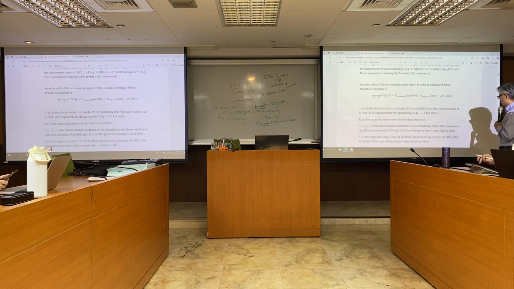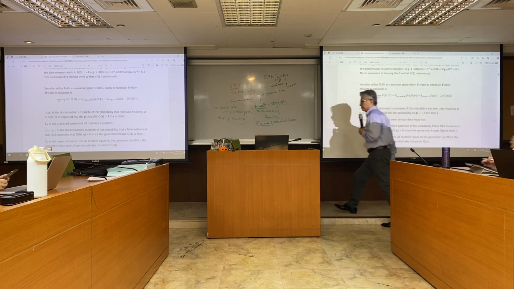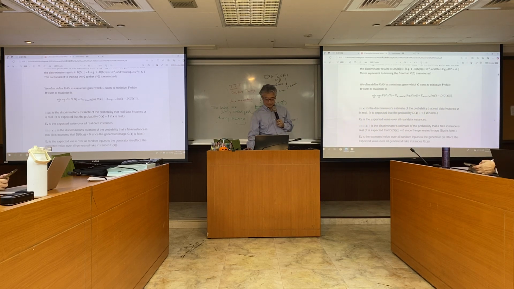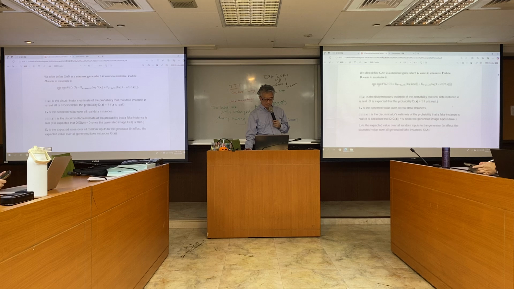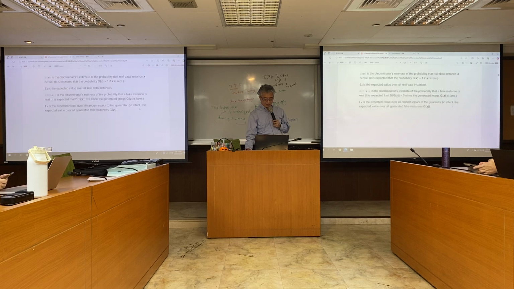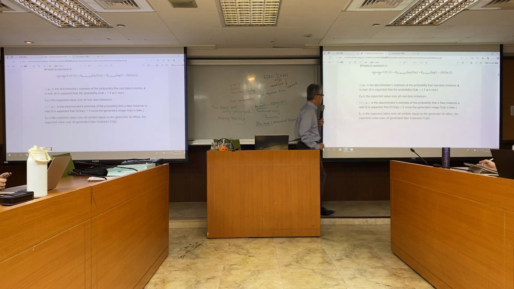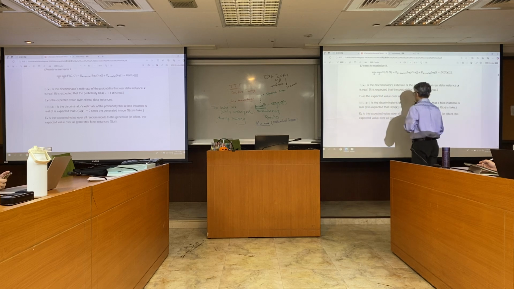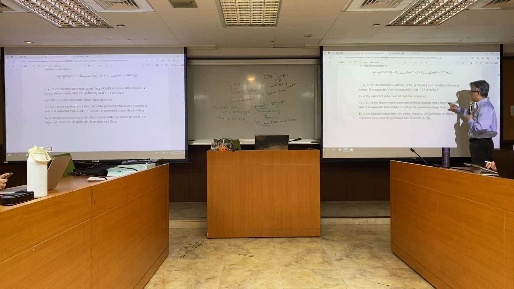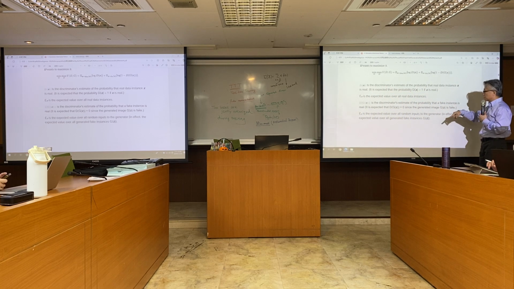Then the probability of the phase instances, okay. So the discriminator estimates the probability that a phase instance is real. So we take the expected value, since the generator is the phase.